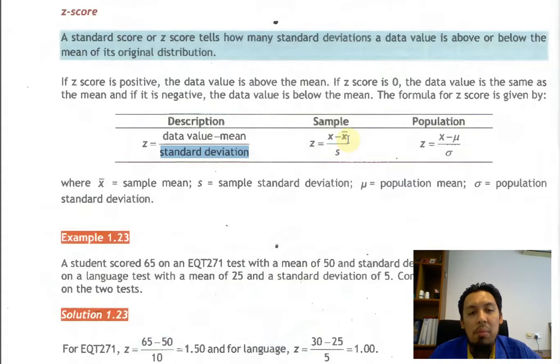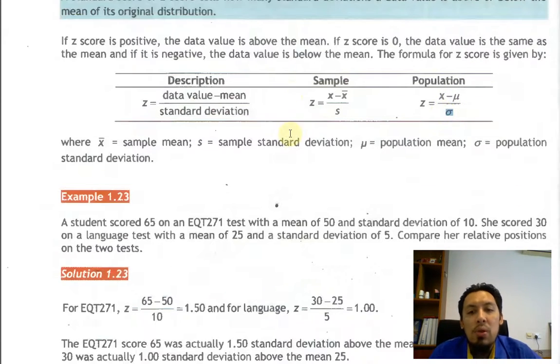They are the same, mean and standard deviation. It's just that this is a statistic, which you obtain from a sample. As for this, we have mu, which is also mean, and sigma, which is also standard deviation.